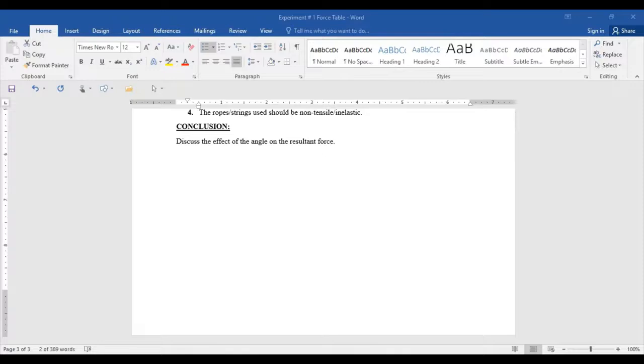You have to do these calculations in your manual, because you have enough spaces given in the manual to do them.